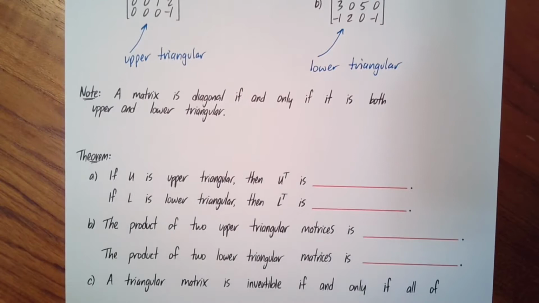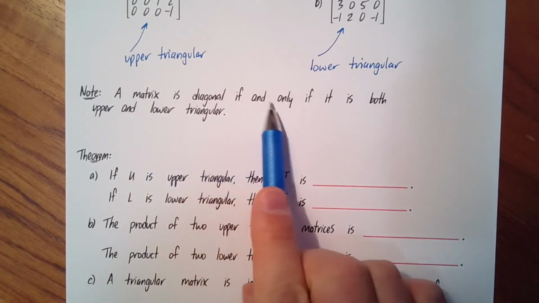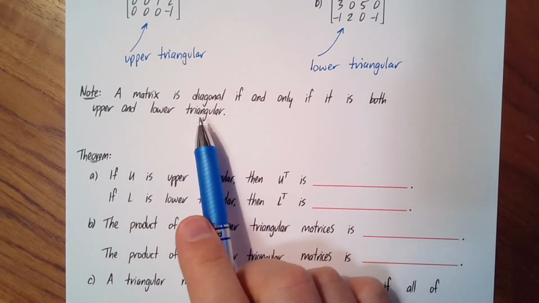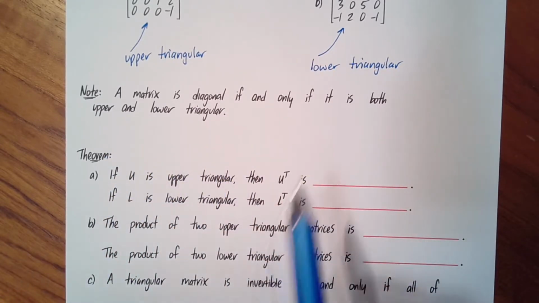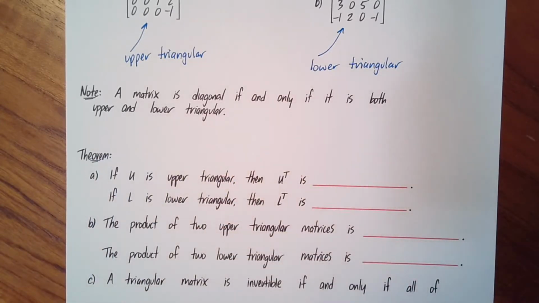Okay, and one note, this is a fact worth noting: a matrix is diagonal if and only if it is both upper and lower triangular. So think about that. If a square matrix is both upper triangular and lower triangular, what would that mean? Well, if it's upper triangular, all the non-zero entries have to be on or above the main diagonal.